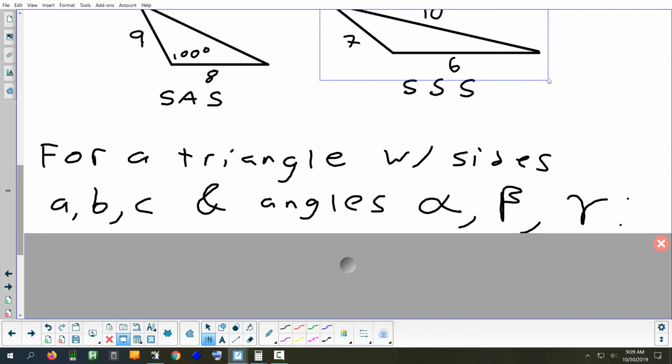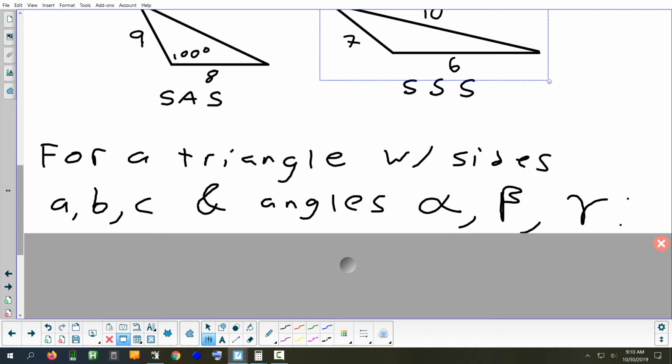So in the formula that I'm going to give you for law of cosines, it's going to use the same naming system that we're used to. A's, B's, and C's are sides, and the angles are alpha, beta, and gamma. Now, this law, kind of like law of sines, it has 3 parts to it, right?